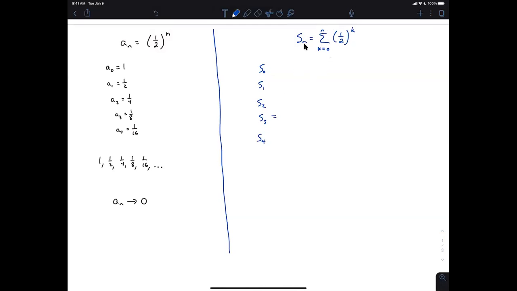So when you talk about S3, that's the sum from k equals 0 to 3 of 1/2 to the k power. And then down here, S4 is the sum from k equals 0 to 4 of 1/2 to the k power. And it's the same thing for 0, 1, and 2.